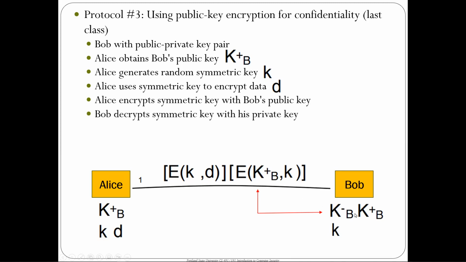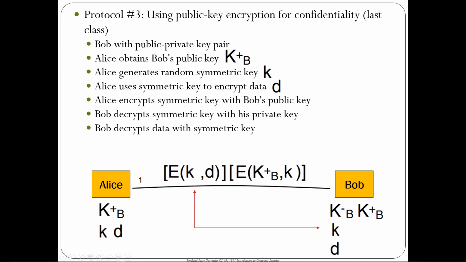And because he is the only one with the private key, he's the only one that can regenerate this symmetric key. Well, other than Alice. Alice had it to begin with. So now Bob's got this symmetric key. And then Bob can use that symmetric key to generate the data on the other side. Okay, so that's what we had last class with PGP.